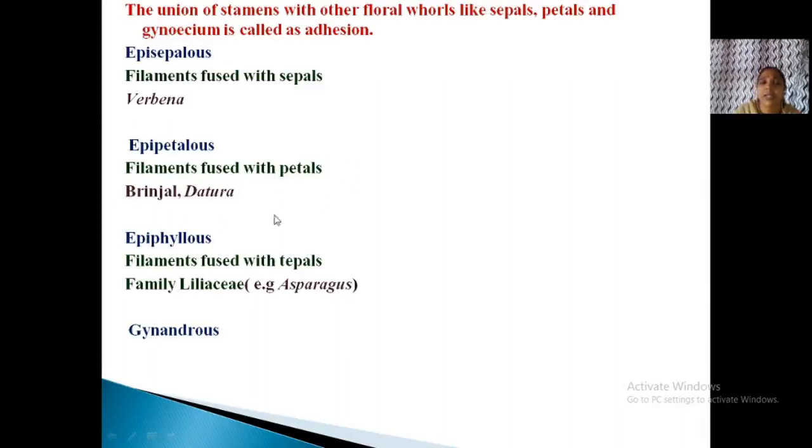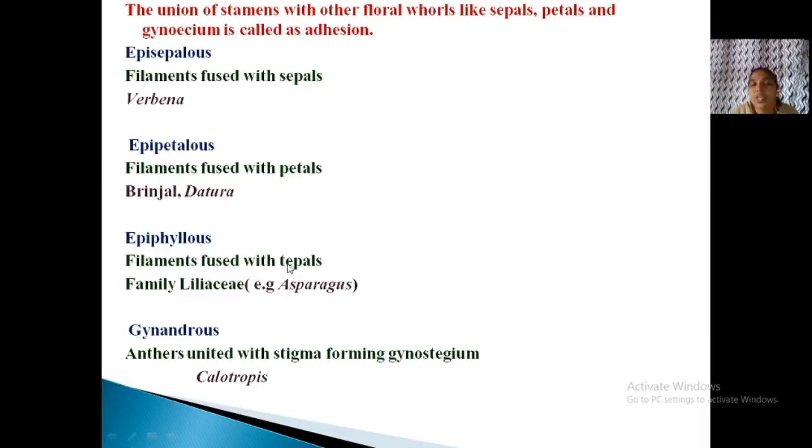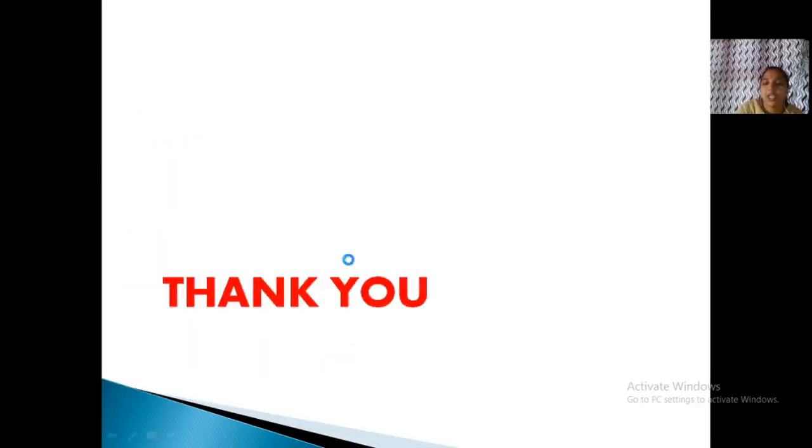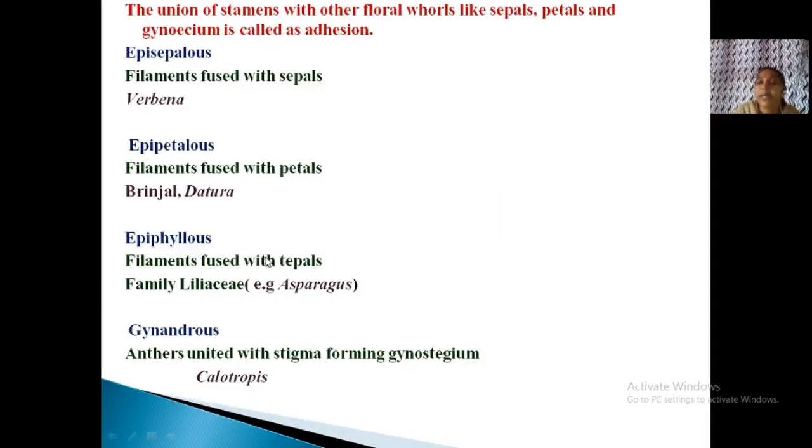Many examples are there, brinjal is one example. Epiphyllous: filaments fused with the tepal. What is a tepal? When there is no distinction into sepals and petals, that is known as tepal. In some cases, when you take an example of a lily, you cannot differentiate sepal and petal. So, that is known as tepal. If filaments are fused with a tepal, that is epiphyllous.